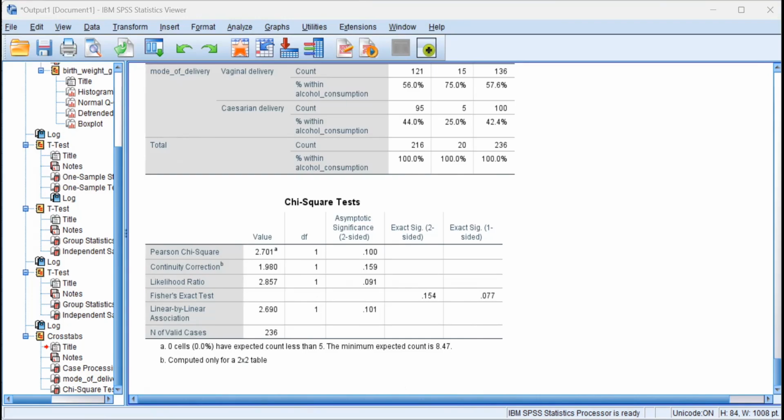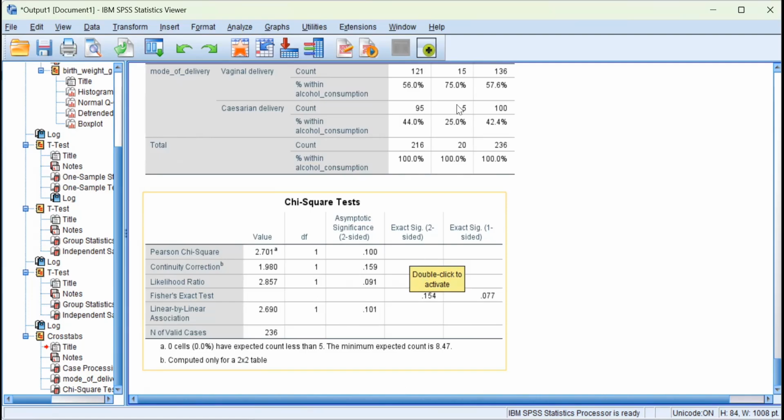All right, any questions? For this chi-square test, what we look at is just this Pearson chi-square value and the p-value.